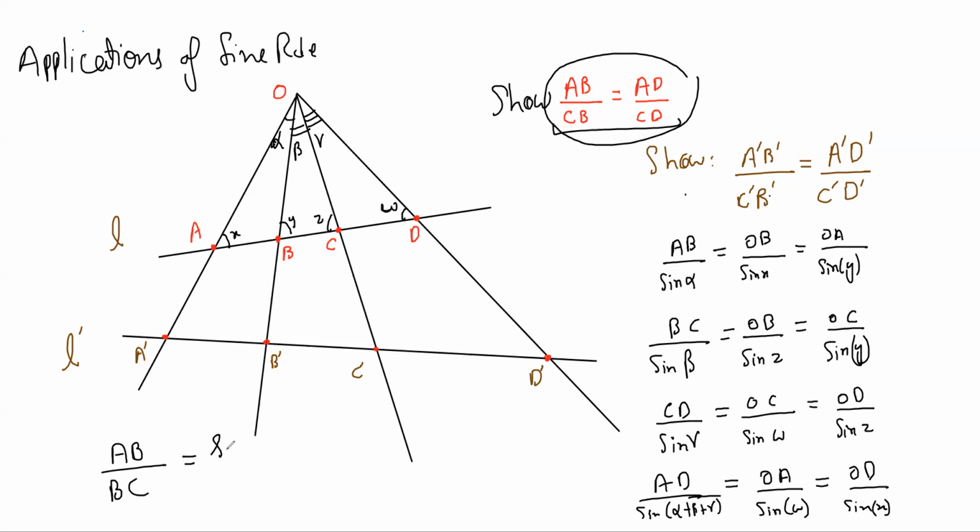It is equal to sine alpha. That's the adjustment. You see, this also gives you a proof of the angle bisector theorem, when alpha is equal to beta.